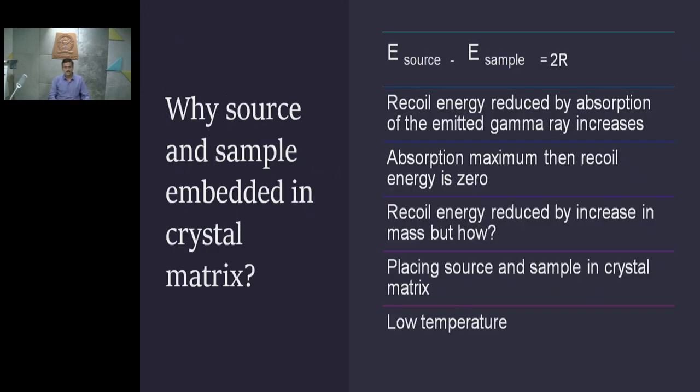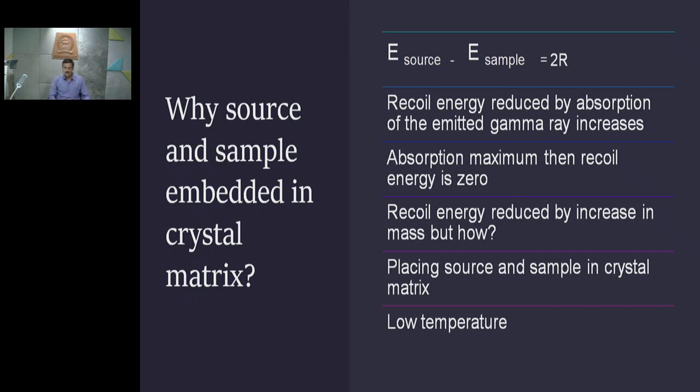Then the question arises, why are the source and sample embedded in a crystal matrix? I already told you why it is required: the recoil energy is reduced, allowing absorption of the emitted gamma radiation. The absorption would be maximum if the recoil energy were 0.